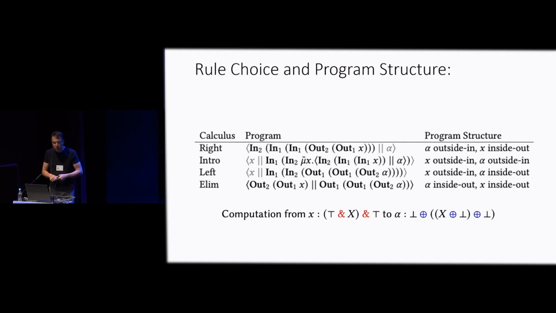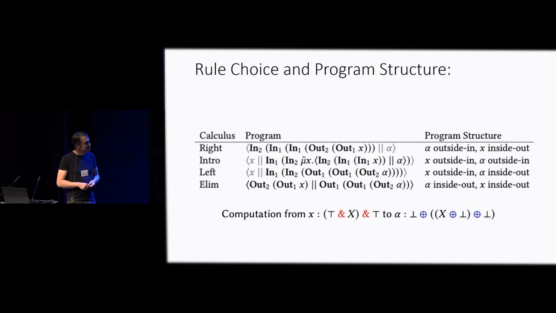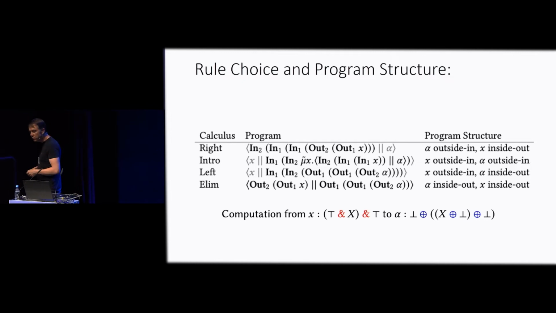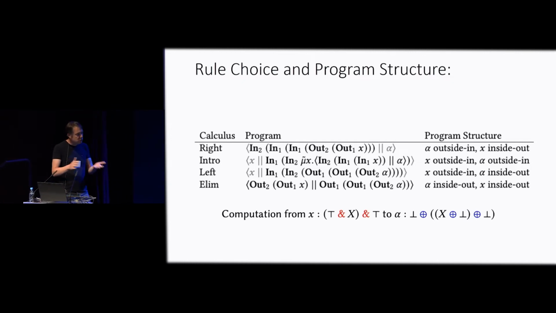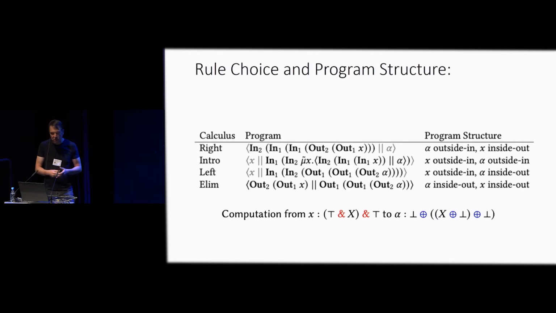I think that this also ties in nicely with recent discussions about how to design programs, how to design co-programs. There are these discussions about how to teach programming, whether they should follow the structure of the input or the structure of the output and so forth. And I think these kinds of things are very clear here.